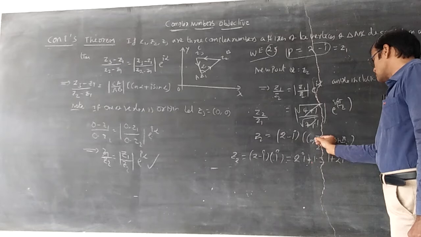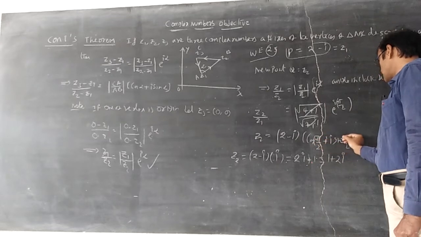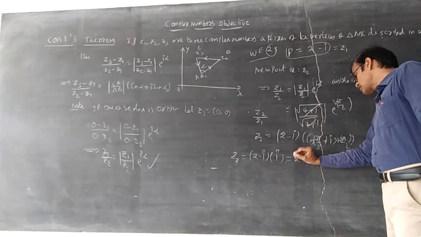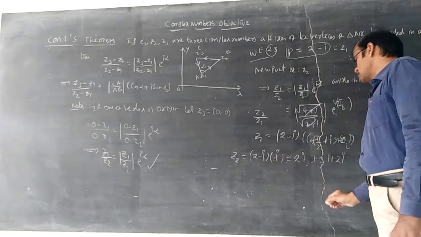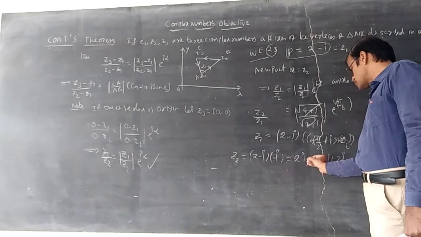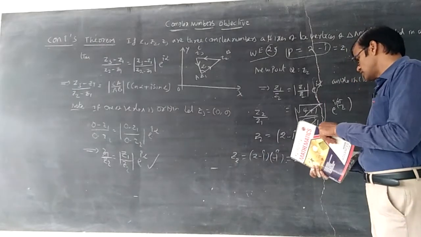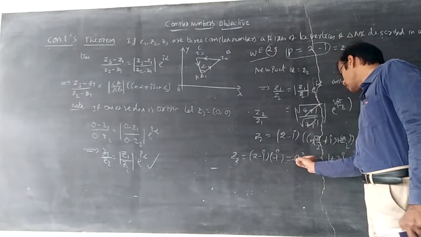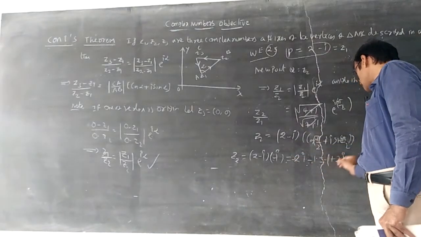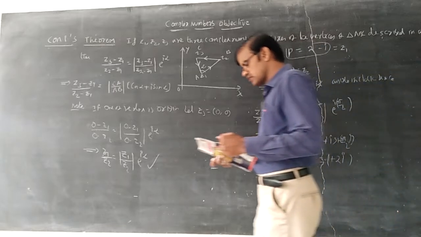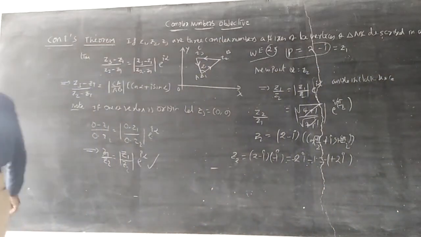So cos of minus pi by 2 plus I sin of minus pi by 2 becomes minus I. Minus into minus I square becomes minus 1, so it is minus 2I minus 1. So minus of 1 plus 2I is minus 2I minus 1.